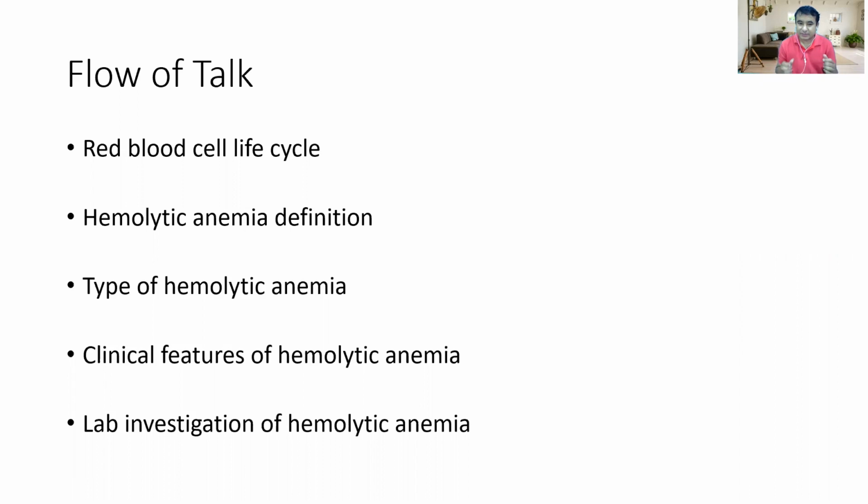We'll define hemolytic anemia, discuss the types of hemolytic anemia, the clinical features and the lab investigation of hemolytic anemia. In today's presentation for 6th semester MBBS students, we are not going to discuss in detail the individual hemolytic anemias.